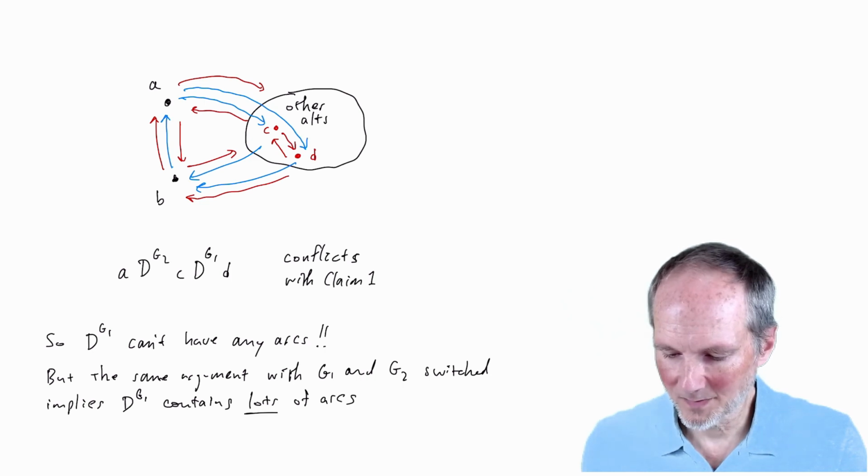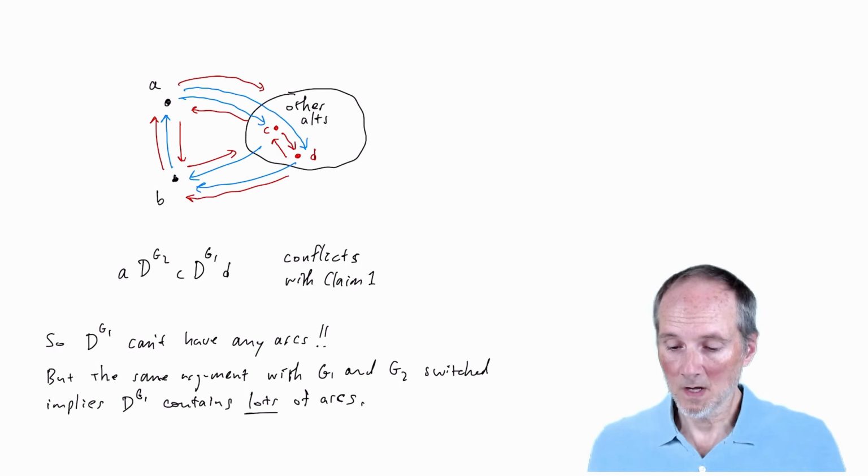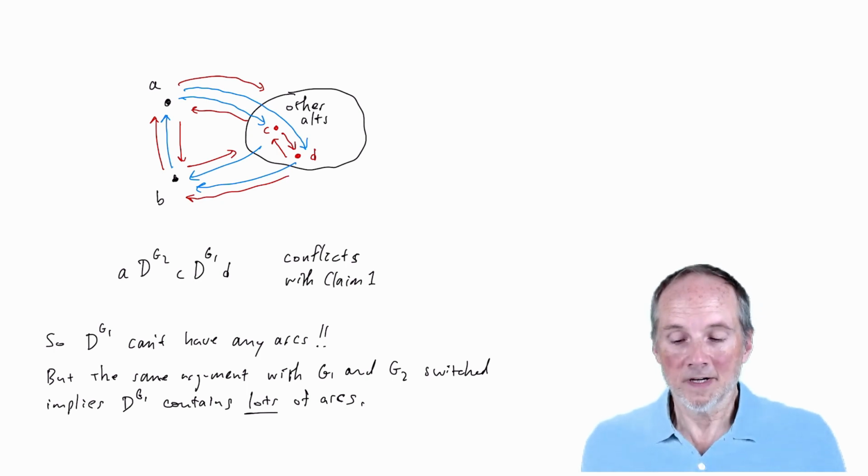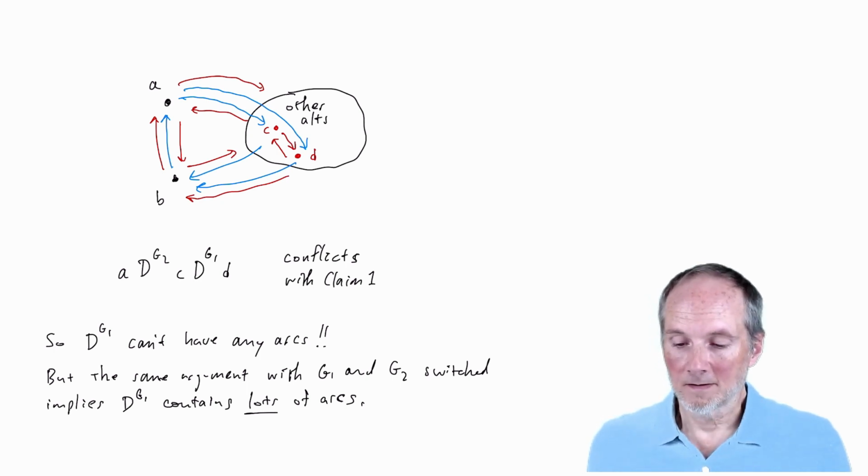I'm not going to be precise about lots, but it contains at least one. This is a contradiction. The decisiveness relation for G1 can't contain no arcs and also contain at least one arc.